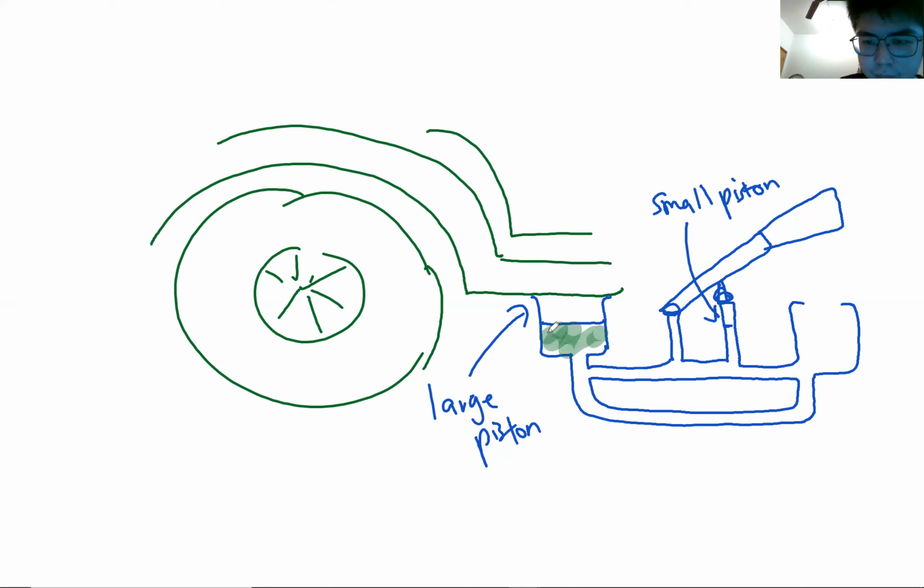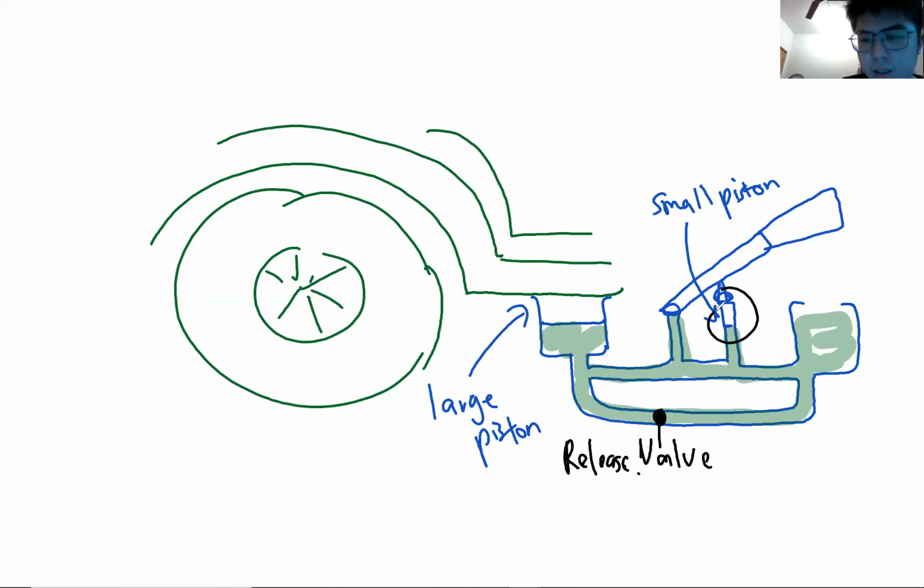This is where the hydraulic fluid lies, all the way until here. And here you have a valve, they call it the release valve. With Pascal's principle, you have a smaller cylinder and a larger cylinder. The small cylinder is this one here, just underneath.